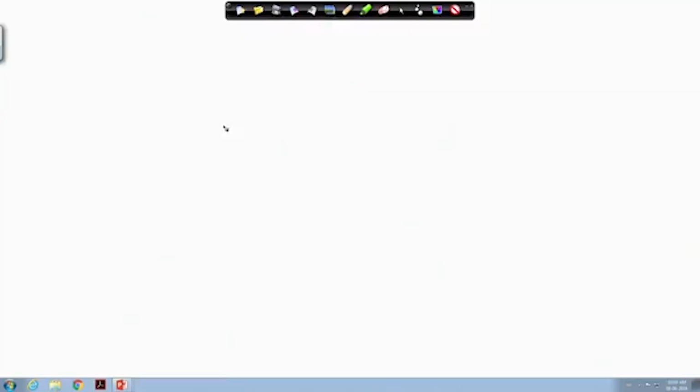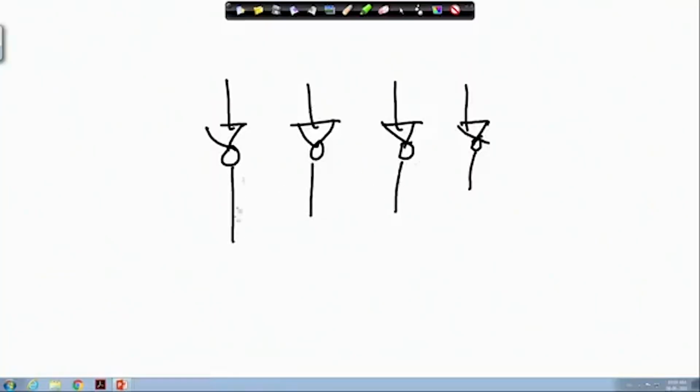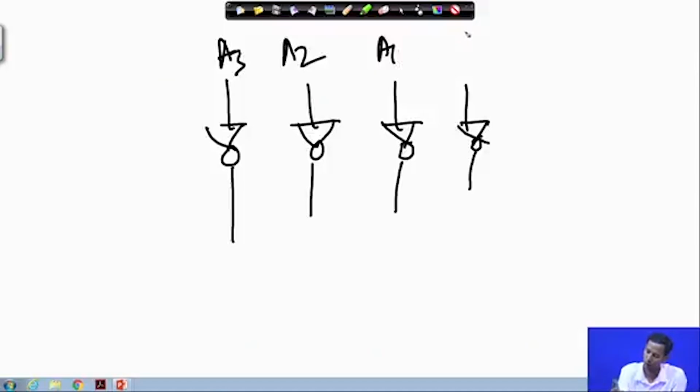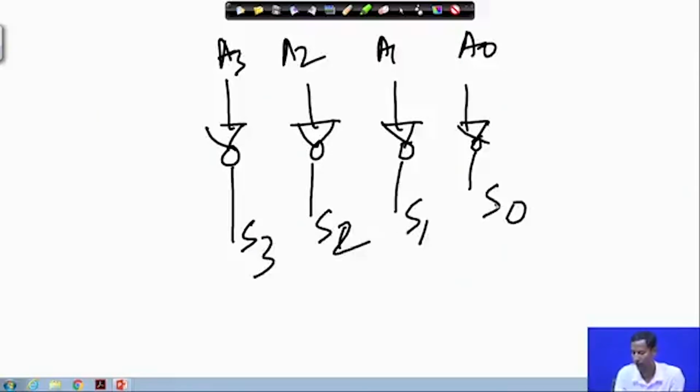That means, in the one's complement circuit, if I consider 4 bit, this is A3, A2, A1, A0, and this is S3, S2, S1 and S0.